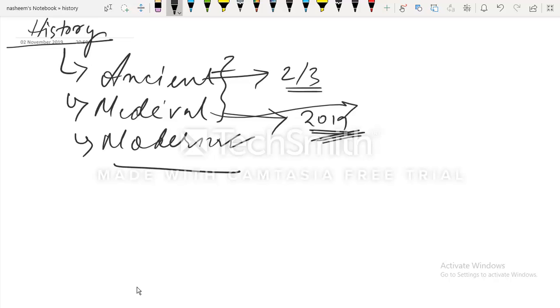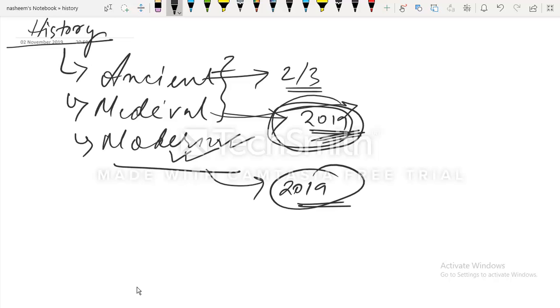We don't give much importance to medieval because over time it has almost become obsolete in the UPSC prelims paper, but in the 2019 paper it came with a bang and it has hit many hard. The modern as well.